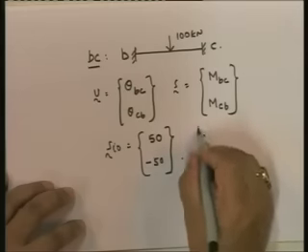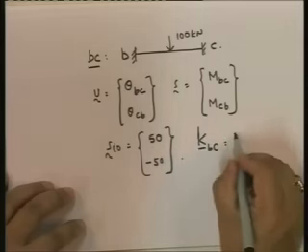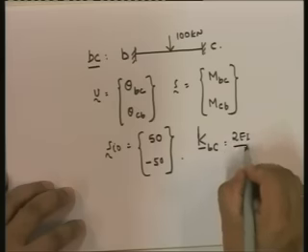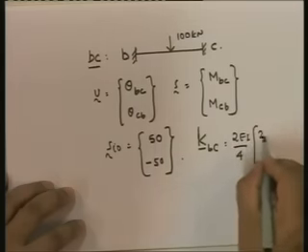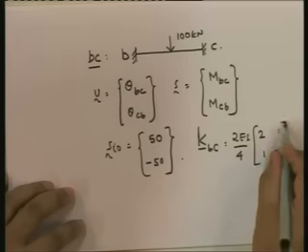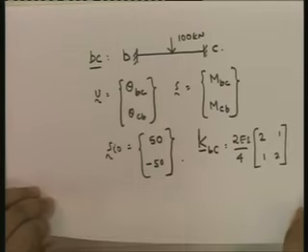And K_BC is going to be 2EI upon L times [2 1; 1 2]. So much for member BC.